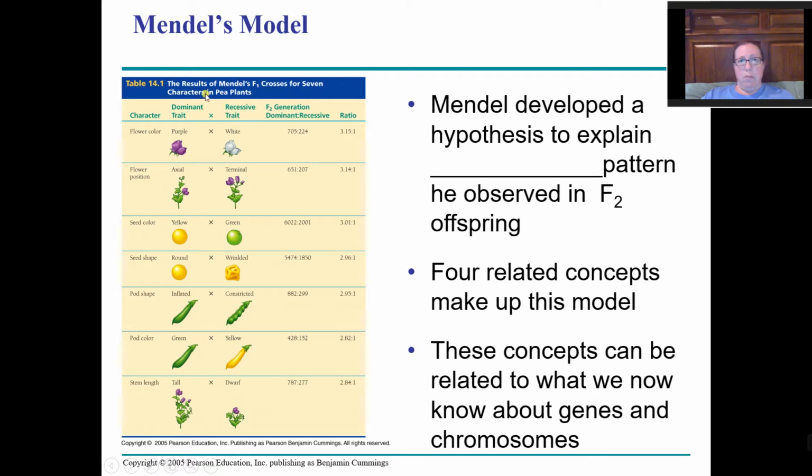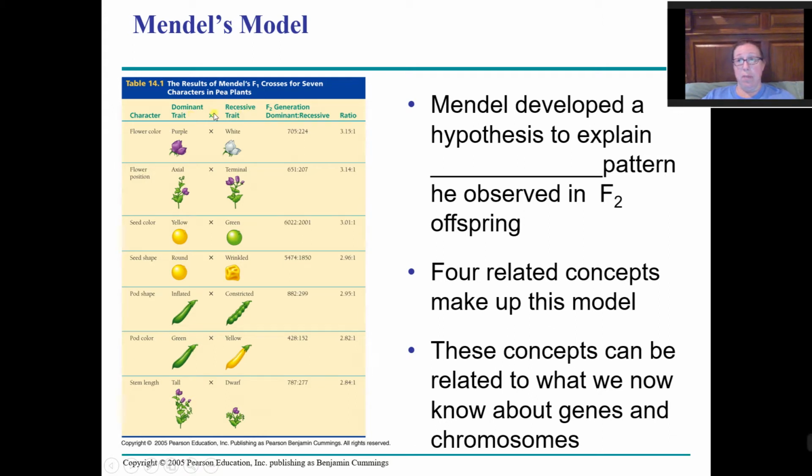So peas were a good model organism, and again, not even in the sense that he knew, that, oh, I'm going to use a model organism. He didn't know that, but as you can see, he was able to say, okay, and he coined the terms dominant and recessive.